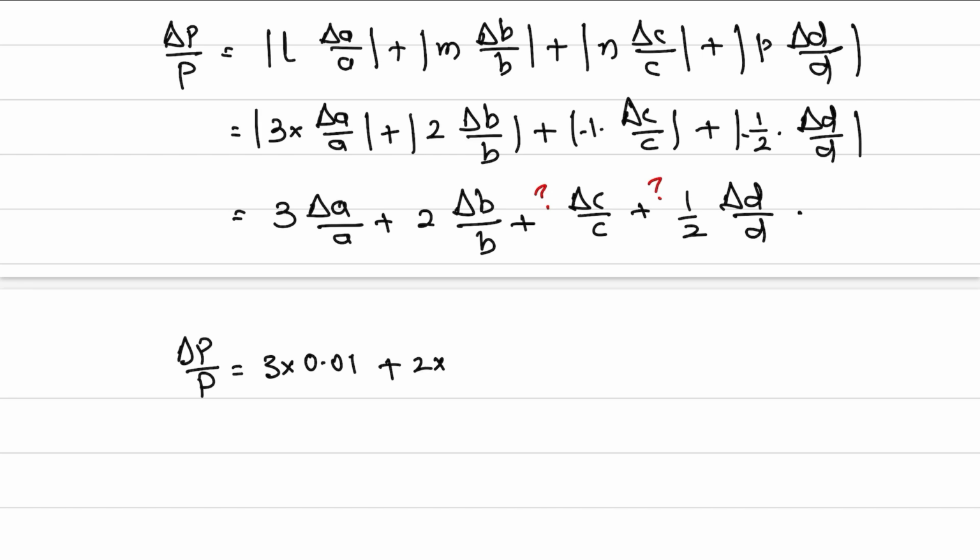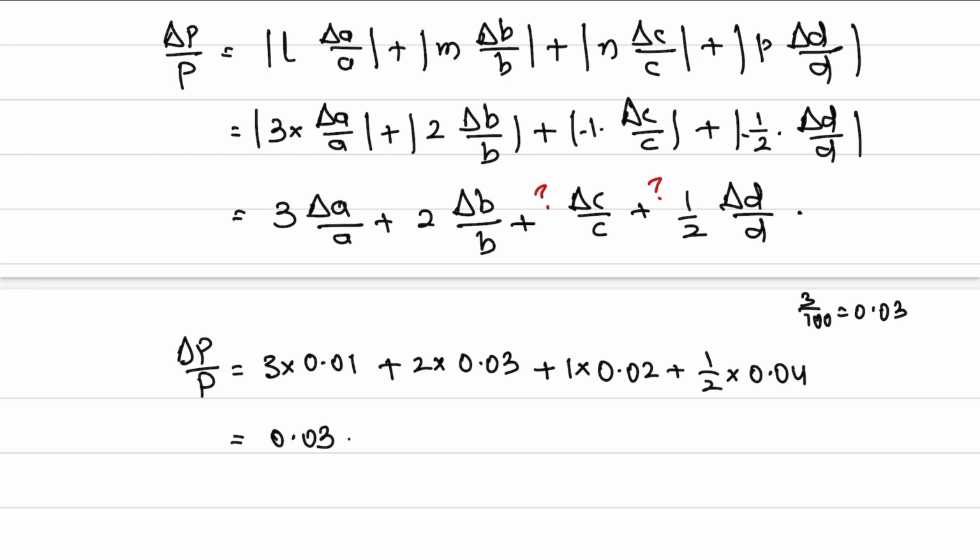It is 3%. 3% means 0.03. 3 by 100 is equal to 0.03 plus 1 into delta C by C. C is given how much? 2%. 0.02 plus half into D. How much percent? 4%. 0.04. That is equal to 0.03 plus 0.06 plus 0.02 plus 0.02. That is equal to 0.13. You see 3 plus 6, 9, 11, 11 plus 2, 13.